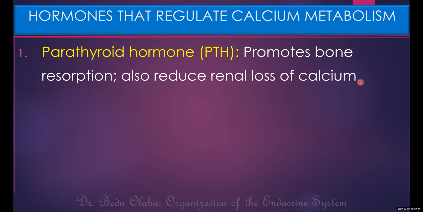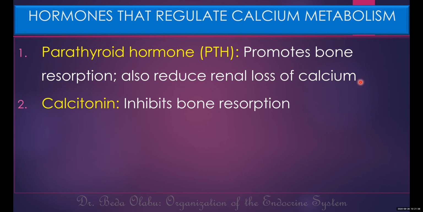If you retain calcium by the kidneys, then you are elevating the serum calcium levels. So PTH elevates serum calcium levels through those two mechanisms. Release the calcium in bone into the bloodstream and retain the one in the bloodstream. Don't lose it through the kidneys.